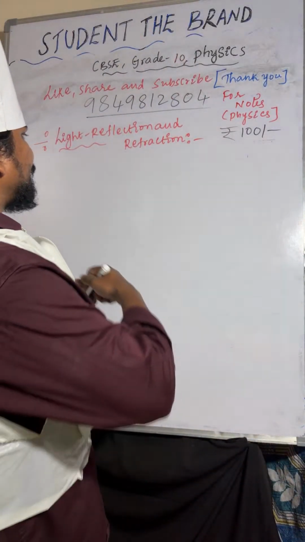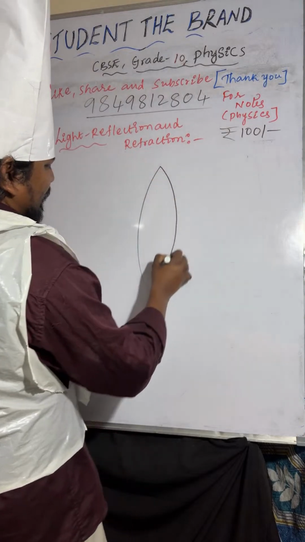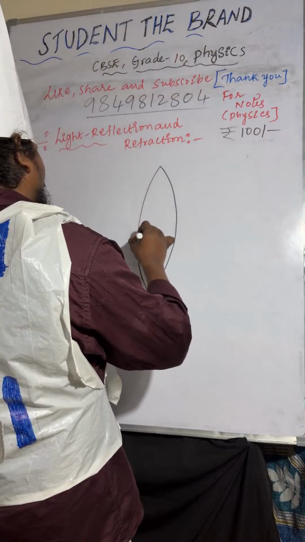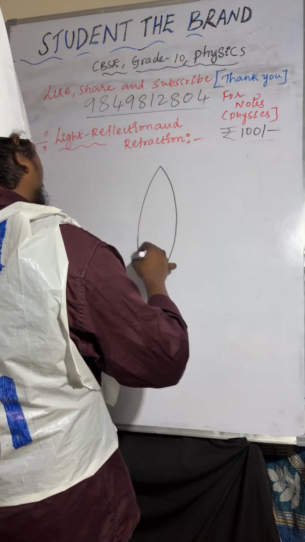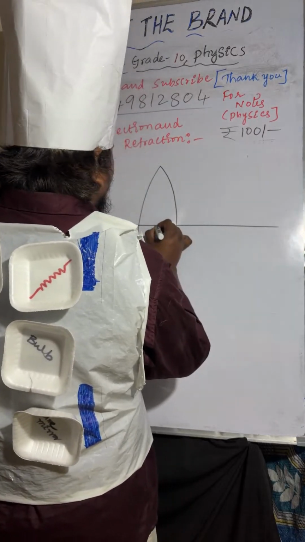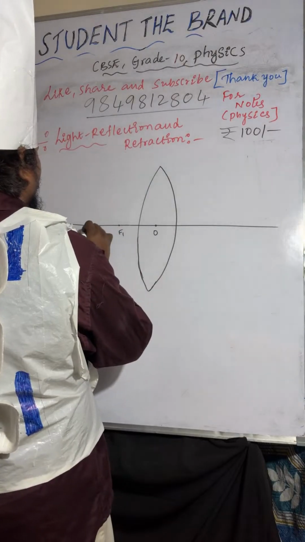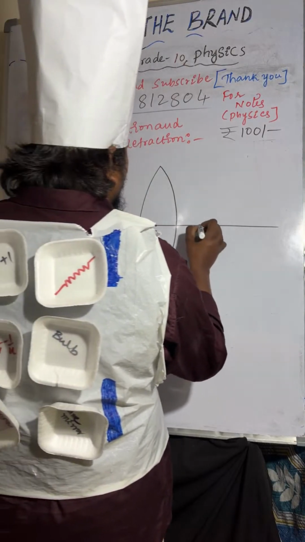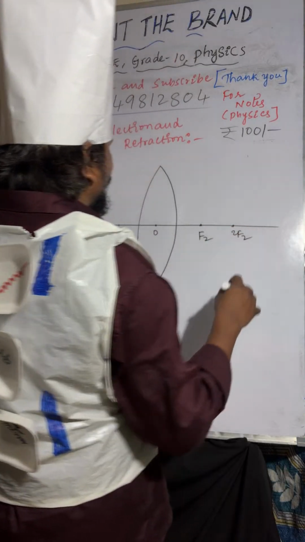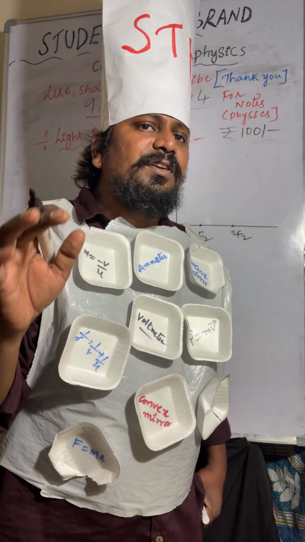Here you can see, this is a convex lens. F1 to F1, F2 to F2.